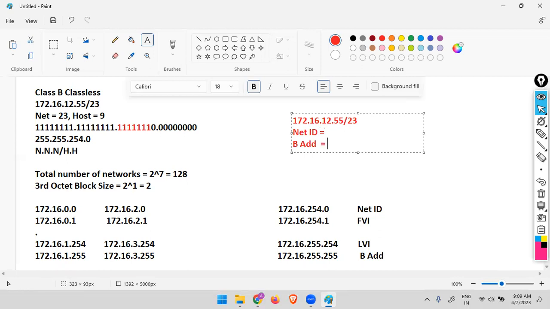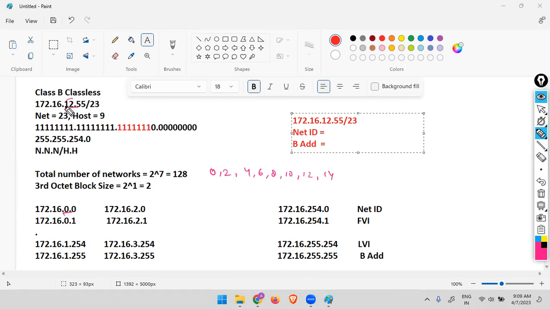Now there is confusion. In this kind of scenario, what are you going to do? First network, what is the value here? 12. Okay. First network 0, second 2, 4, 6, 8, 10, 12, 40. Correct. These are the third values, 0, 2, 4, like that.